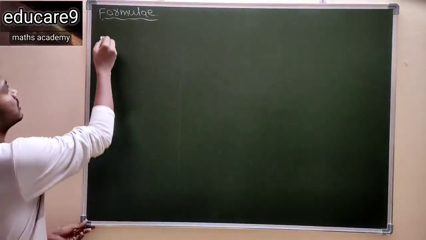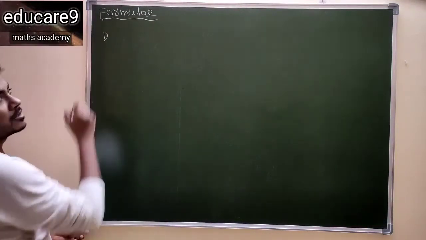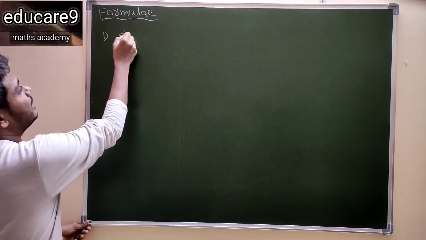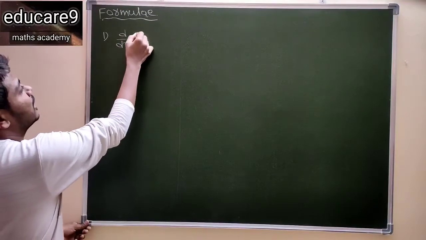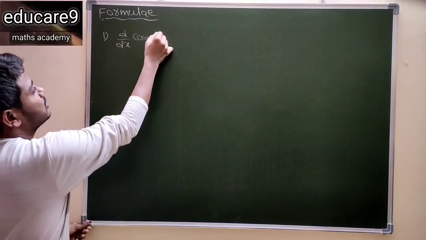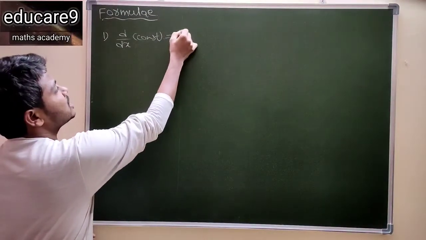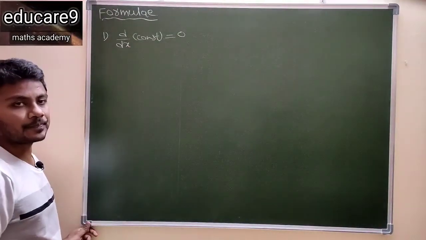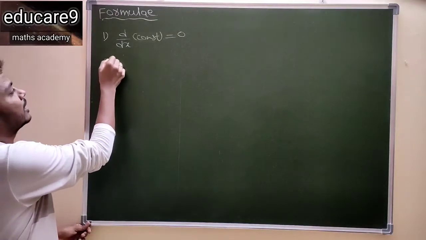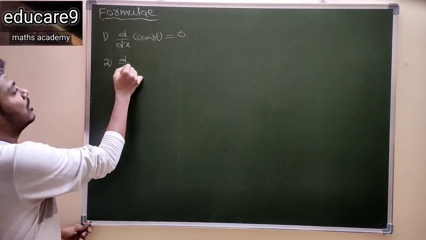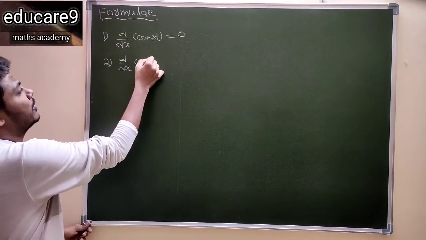See here, first one, d by dx of constant. We already discussed this. You know the derivative of a constant is what? 0. Next, second one, d by dx of e power x.